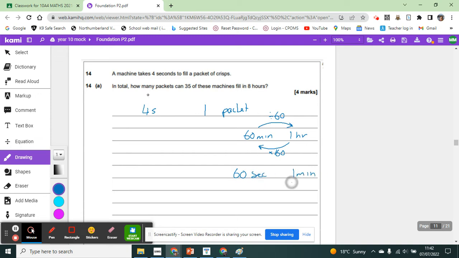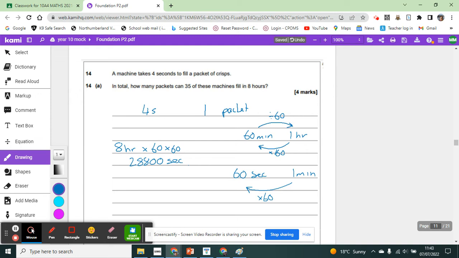So to go from minutes to seconds, we have to times by 60. So if I've got 8 hours, I'm going to times it by 60, times it by 60, which gets me 28,800 seconds.